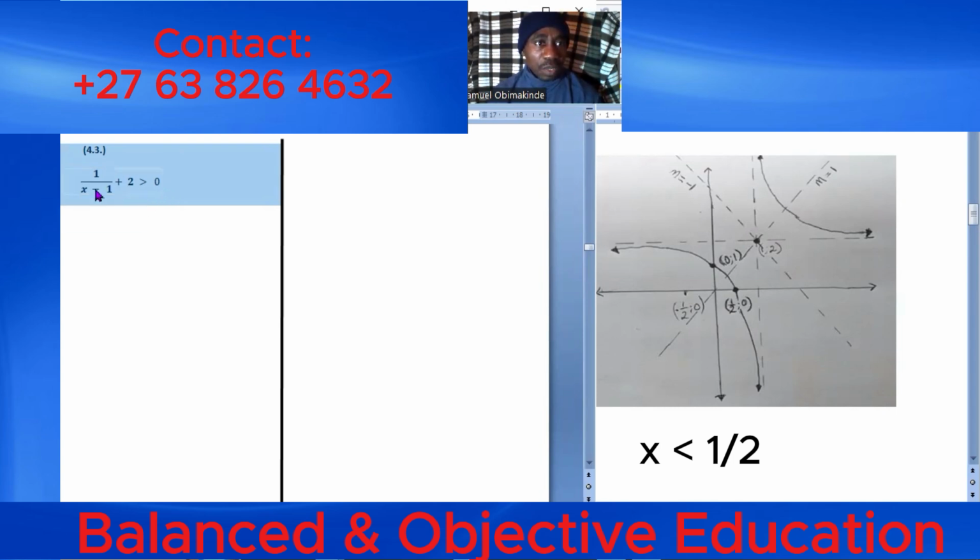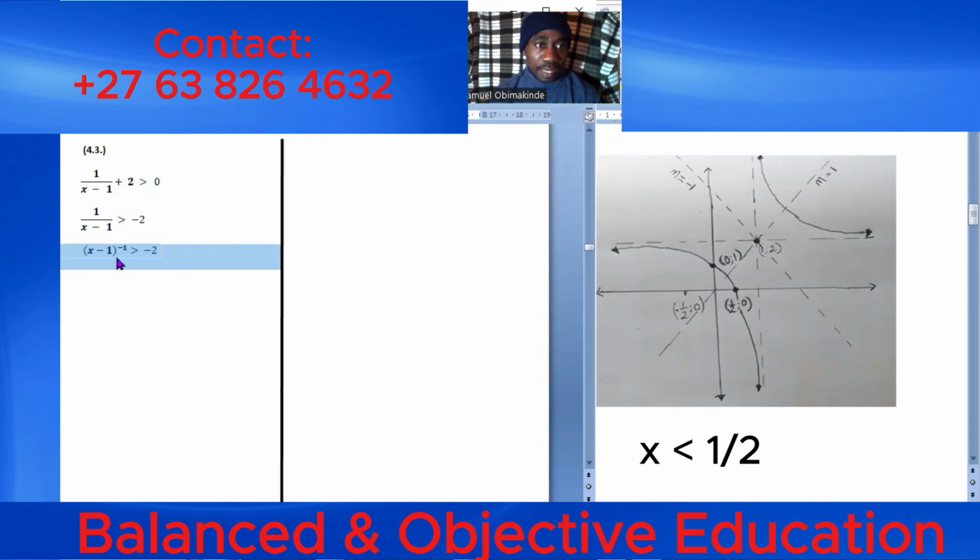Now, g of x is 1 over x minus 1 plus 2. So we can set that greater than 0. We can take the plus 2 to the other side. It becomes negative 2. Then we can rewrite this equation in the following way.